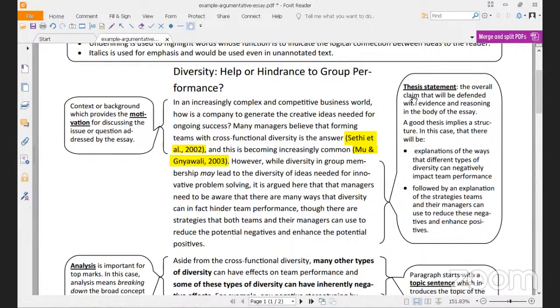And it's giving us a little bit of information about the thesis statement. We know about the thesis statement. This one in particular is a little bit long. I'm not going to go over the explanations of what they're trying to tell us in this case, but just to make sure that every essay needs to have a thesis statement. In this case, a very strong thesis statement.